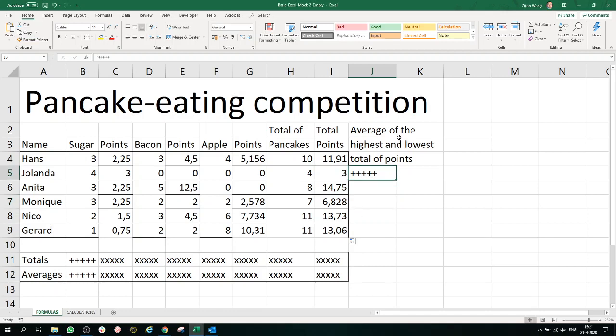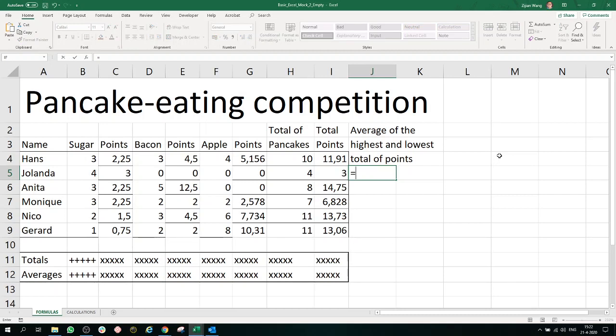And average of the highest and lowest total of points. So that one, make sure you read all the instructions. If you read, you will find out here you must contain 3 different functions. And this one probably will be the most difficult one, because there's a new concept chipped in called nested function.